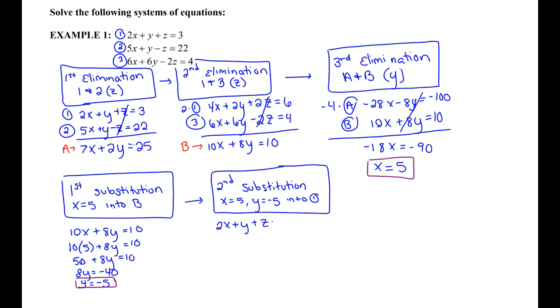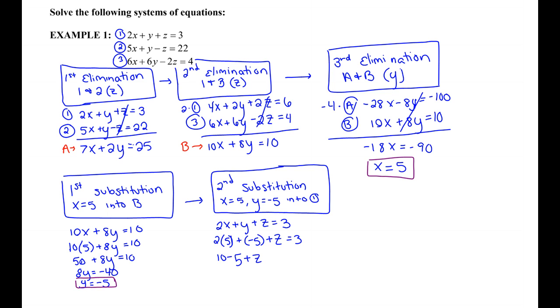So I'm going to have 2 times 5 plus negative 5 plus z equals 3. So we get 10 minus 5 plus z equals 3.